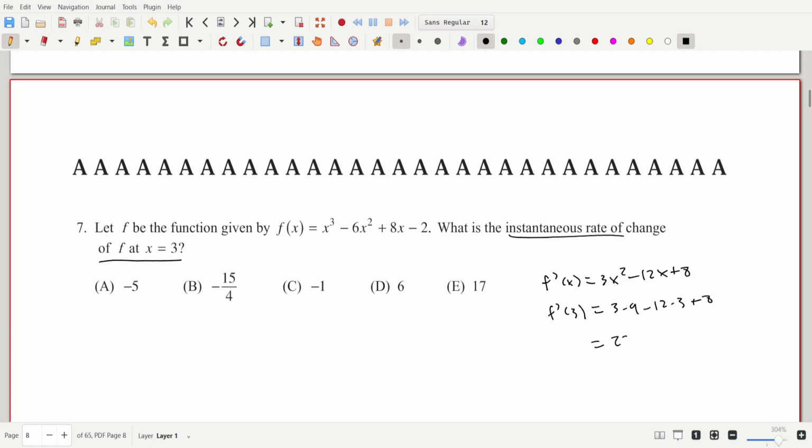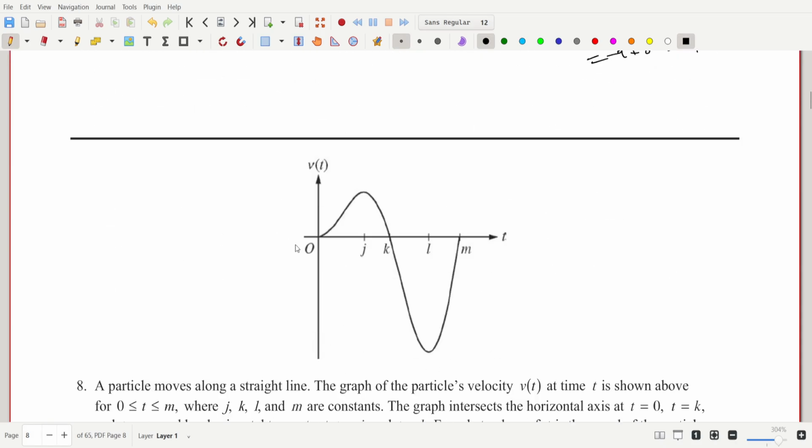That is 27 minus 36 plus 8. That is -9 plus 8, which is -1. I think that works. I'm going a little fast, so I might have mistakes, but we'll check.